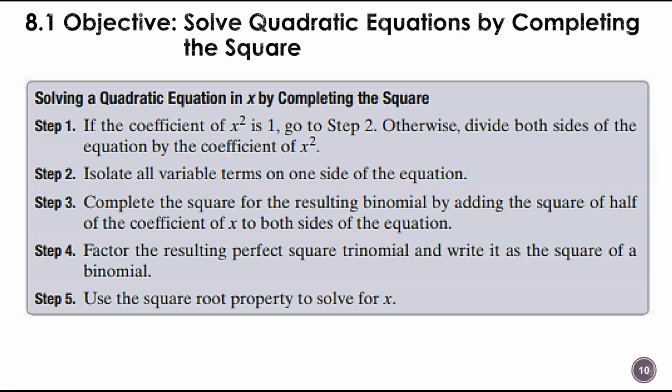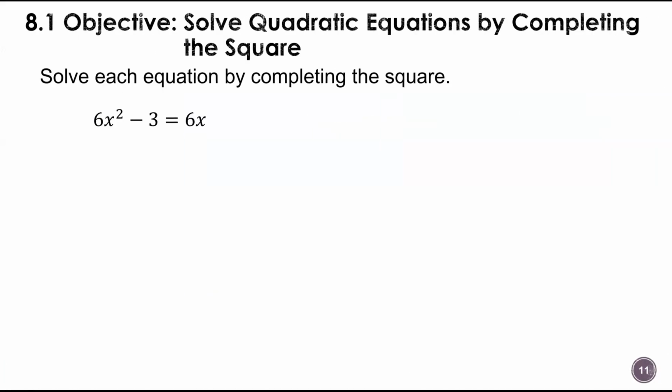Isolate all variable terms on one side of the equation, complete the square for the resulting binomial, factor the resulting perfect square trinomial and write it as the square of a binomial, then use the square root property to solve. So we've done steps 2 through 5 so far, and I'll have some examples where we'll need to do step 1 as well.